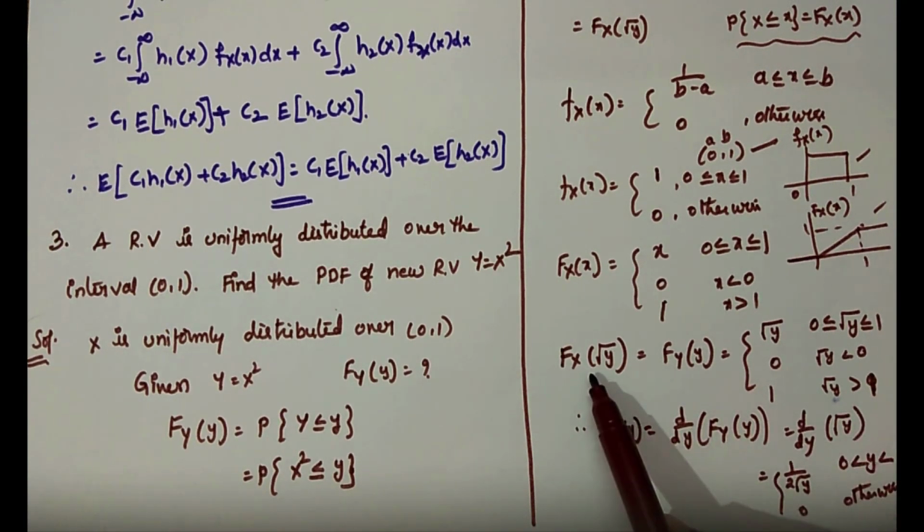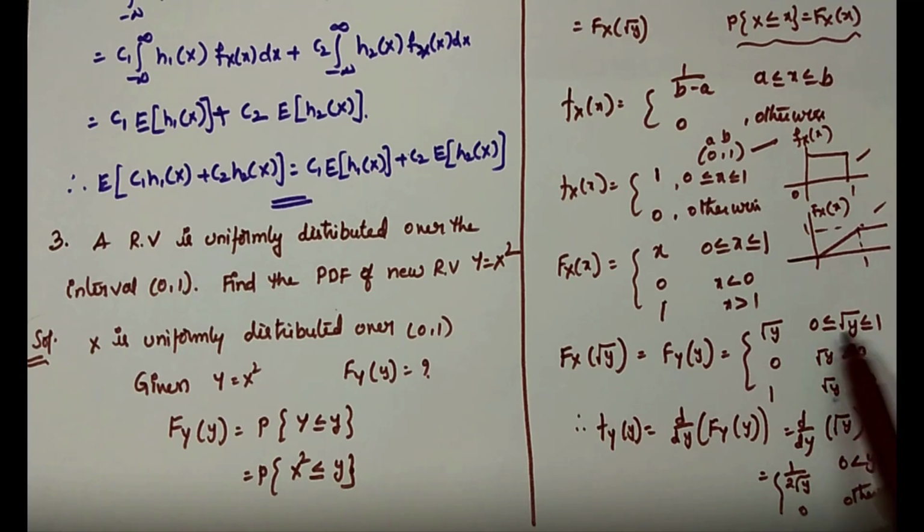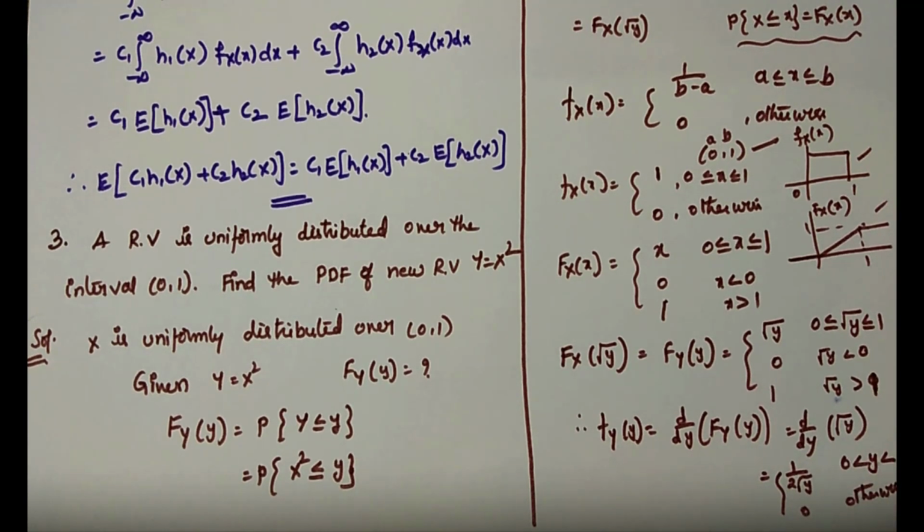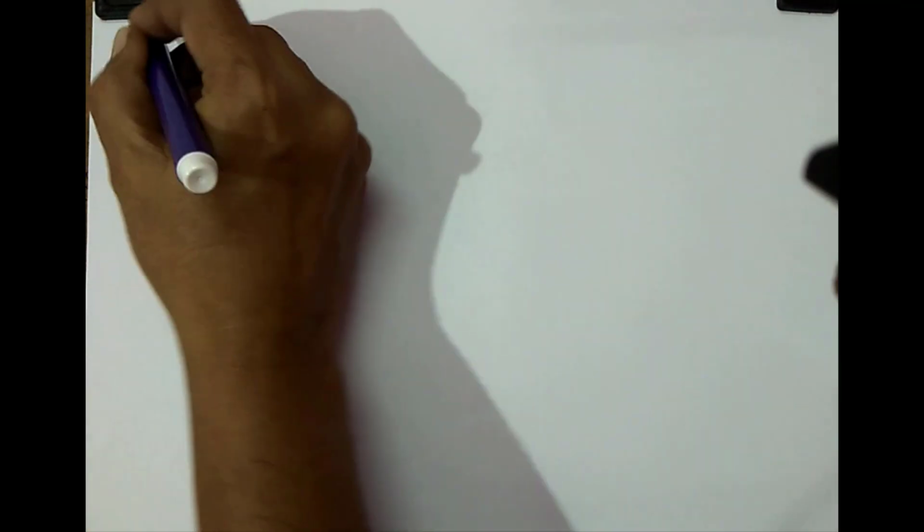So if you see here, it is fx of root y, that is the reason of taking the limits with respect to root y. Here it is fy of y, that is the reason of taking the range with respect to y. Okay, so this is the way of finding probability distribution function of a new random variable y equal to x square if the given random variable is uniformly distributed.